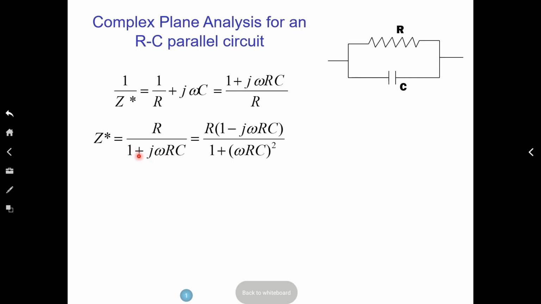If you do that, the denominator becomes A plus IB times A minus IB, which is A squared minus B squared I squared. That I squared is negative, so you get a positive. And the numerator will be right there. Now you can easily separate the real versus the imaginary part. So this will be the real part, and this will be the imaginary part of your impedance.